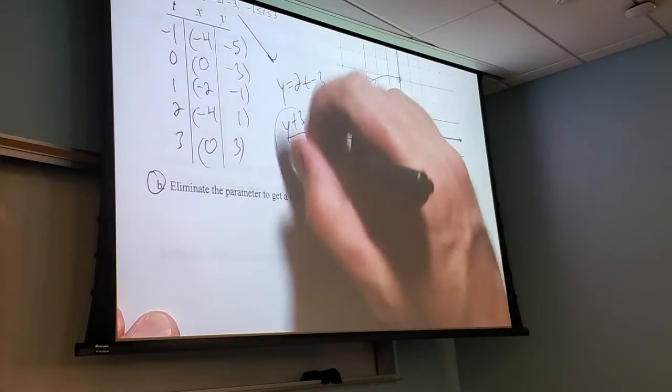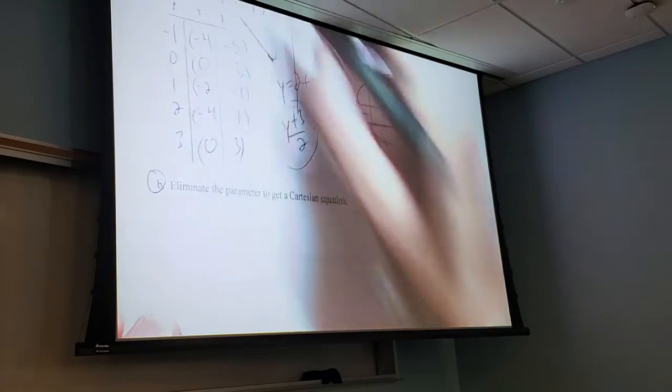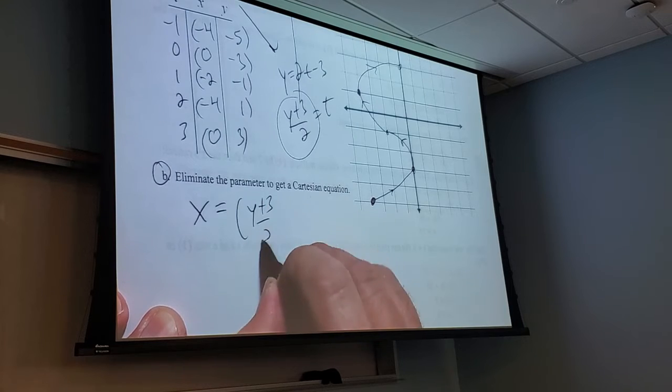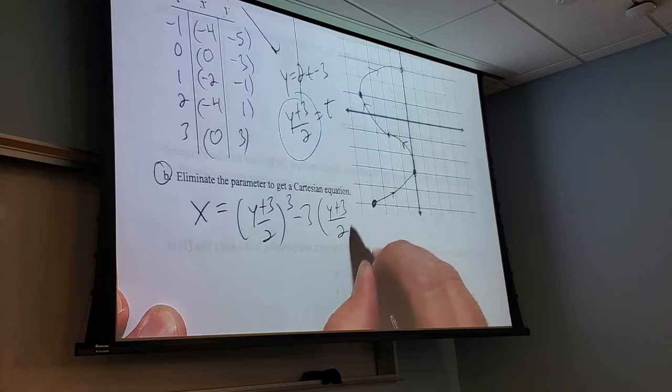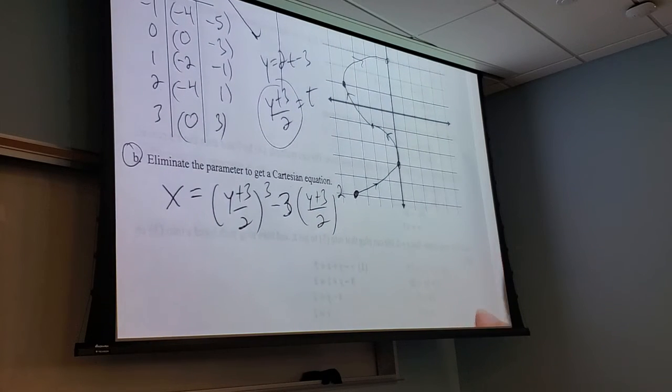So then this I can shove into this guy. So then I get x equals t cubed minus 3 times t squared. And I'm not going to make you multiply that out, but good if you wanted to.